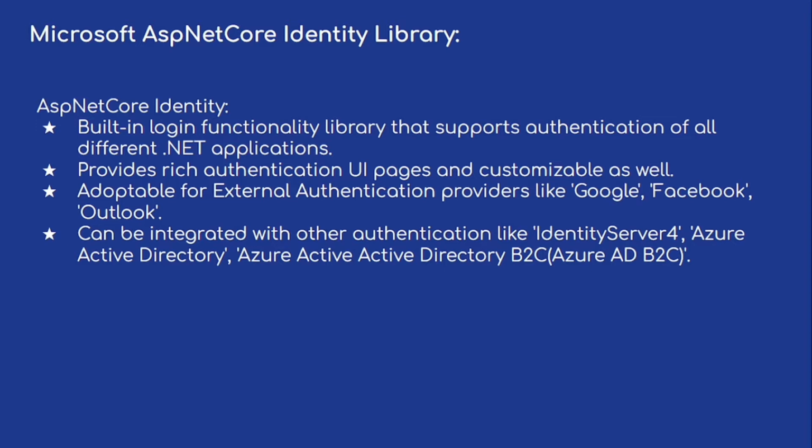It can be integrated with any authentication libraries like Identity Server 4, Azure Active Directory, or Azure Active Directory B2C. ASP.NET Identity is itself a library, but this library's logic can be utilized by other authentication libraries as well, like Identity Server 4 or Azure Active Directory.